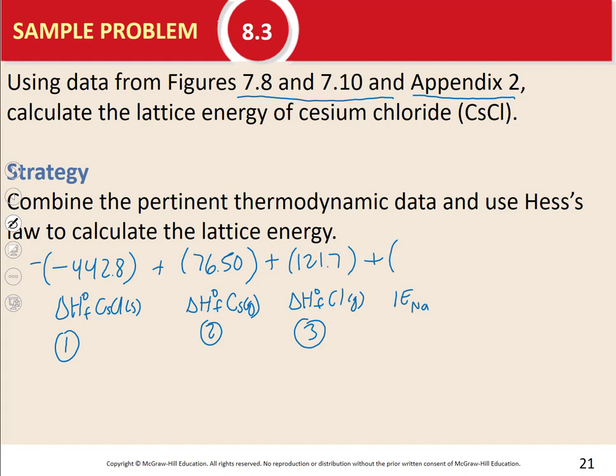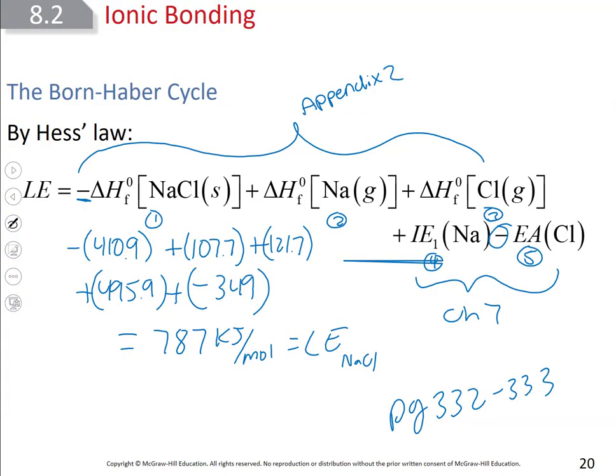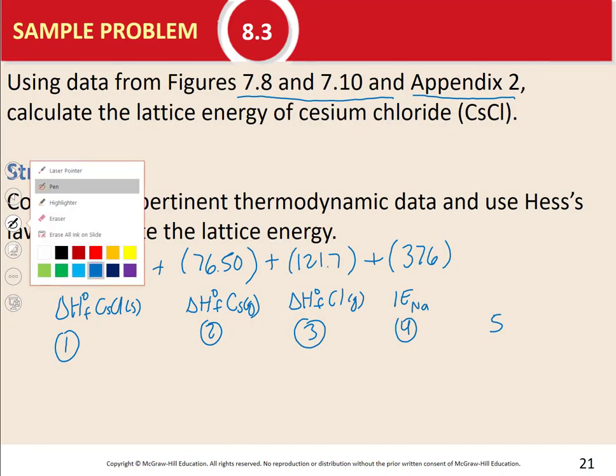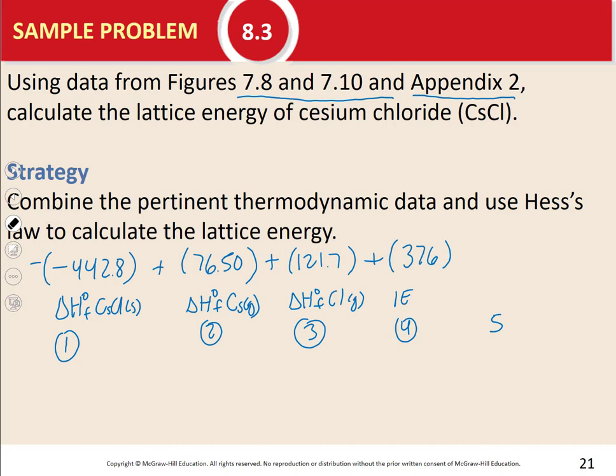We're already this far. 376. And there's step 4. And then step 5. For cesium or sodium? Cesium. You wrote sodium. I did? Yeah, I did. You're right. That should be cesium. Cs.